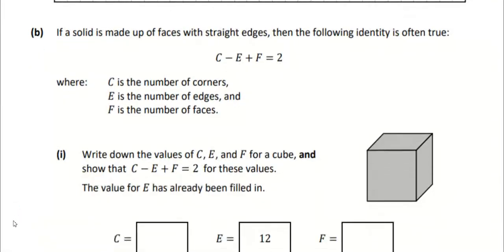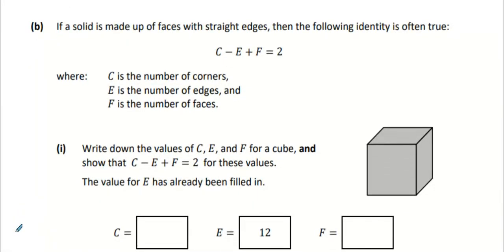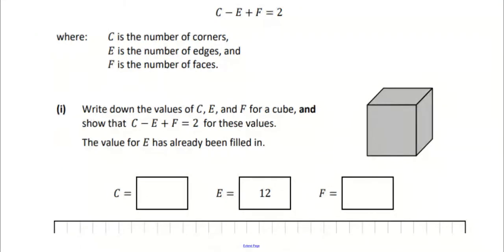Now finally, some algebra. If a solid is made up of faces with straight edges, then the following identity is often true. The number of corners take away the number of edges plus the number of faces is 2. Write down the values of C, E, and F for a cube and fill in these values. Okay.